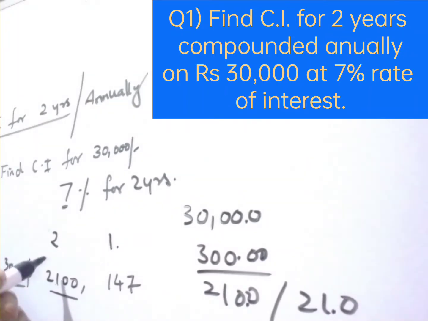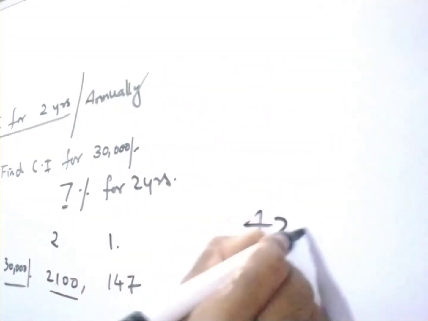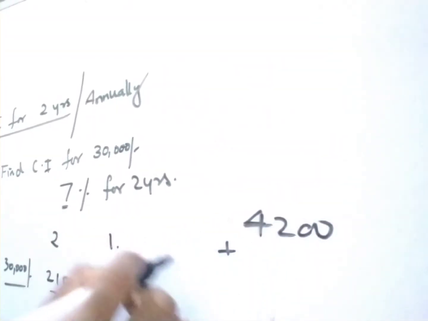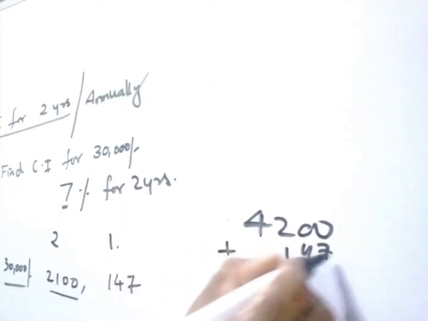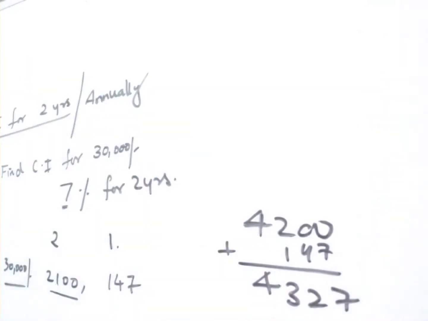That is 2 into 2,100, you will get 4,200, plus 1 into 147, 147. So it is totally 4,347. So this is how we are going to find compound interest for 2 years compounded annually.